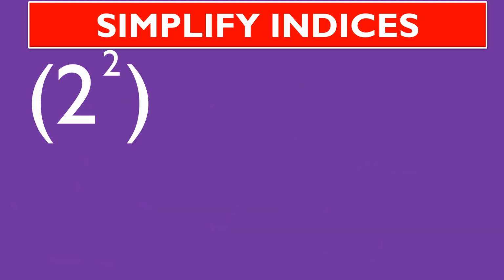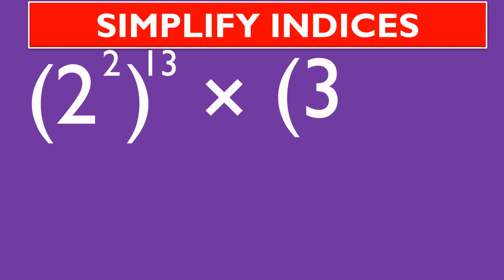Now that we know that our 2 raised to the power of 26 is the same as 2 raised to the power of 2 all raised to the power of 13, and we are multiplying it by 3 raised to the power of 39, which is the same as 3 raised to the power of 3 all raised to the power of 13.